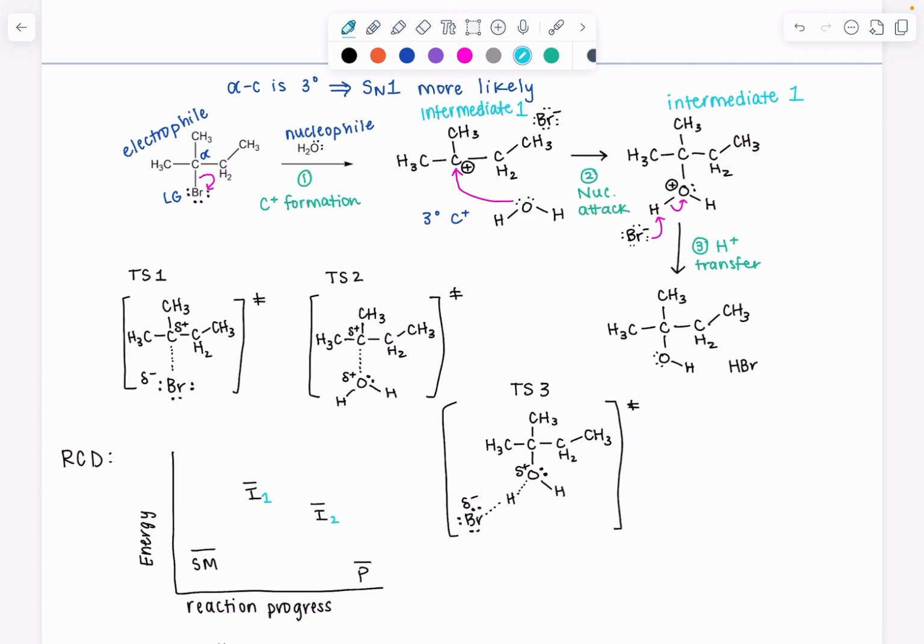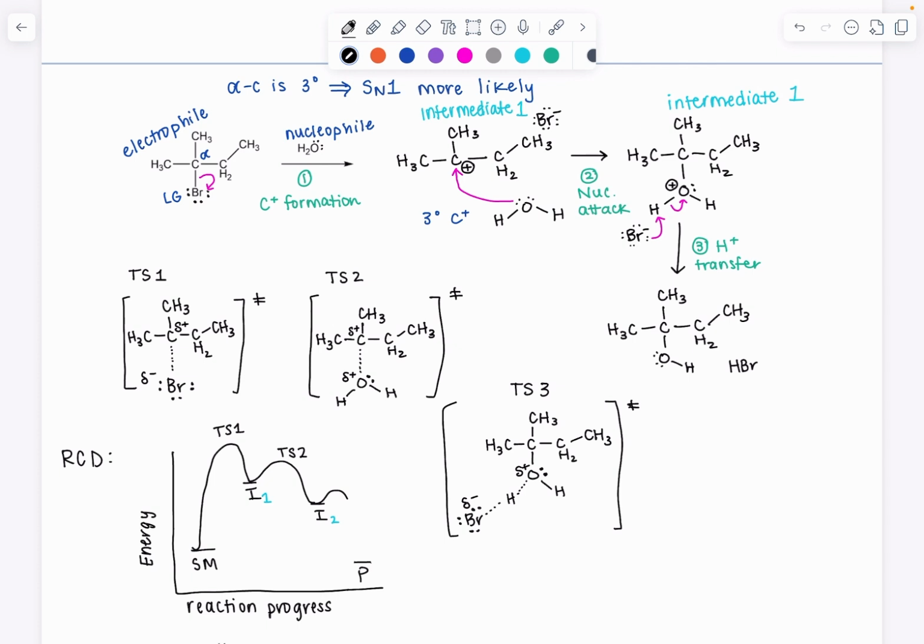Okay, then I think at this point, I prefer to draw in the actual line to show energy change throughout the reaction. First step being rate determining means that this will have the highest energy transition state. So this is TS1. And then we have another activation energy for that second step. This is where TS2 will be.